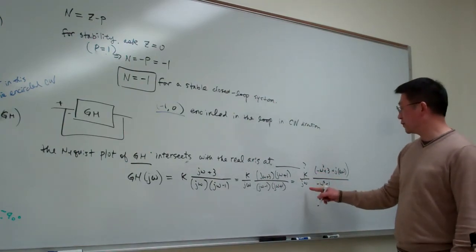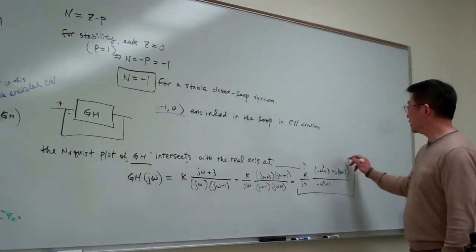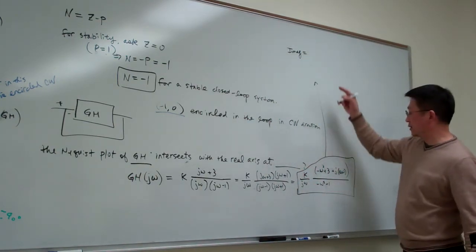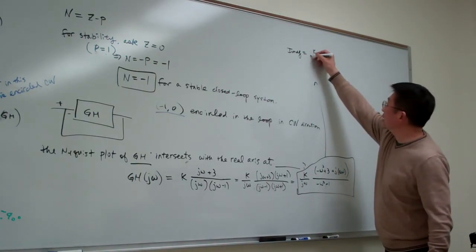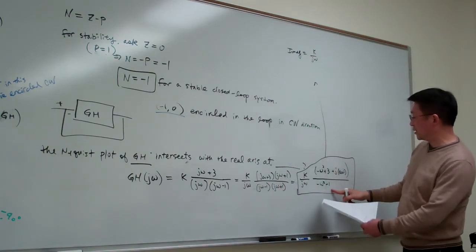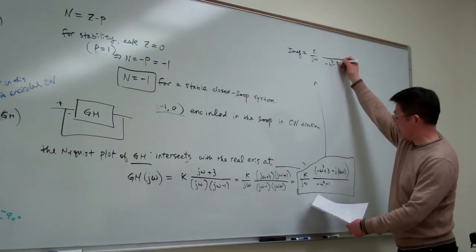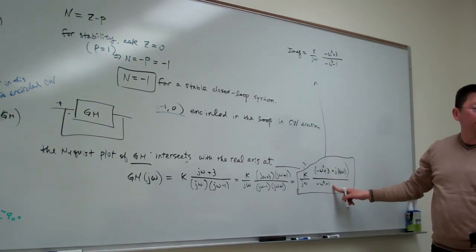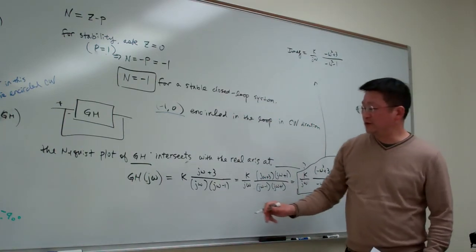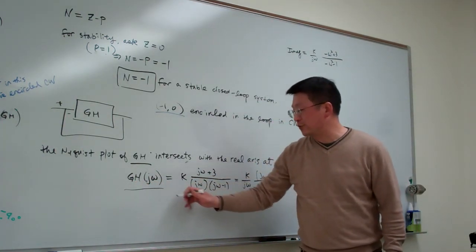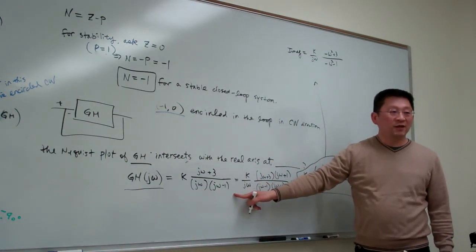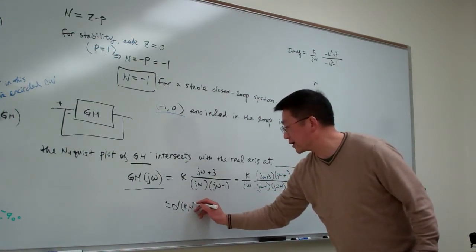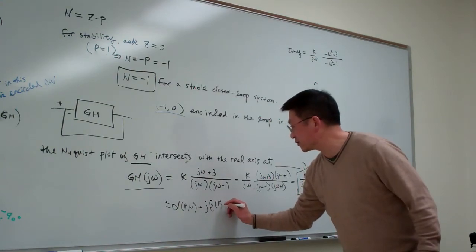Okay, so now for this case, this has the imaginary portions. The imaginary portion for this one is equal to K j omega, and then for this one I take the real part, minus omega squared minus 1 times minus omega squared plus 3. First of all, you apply complex algebra to simplify this, and your job is to find the alpha, a function of K and omega, plus j beta, a function of K and omega.